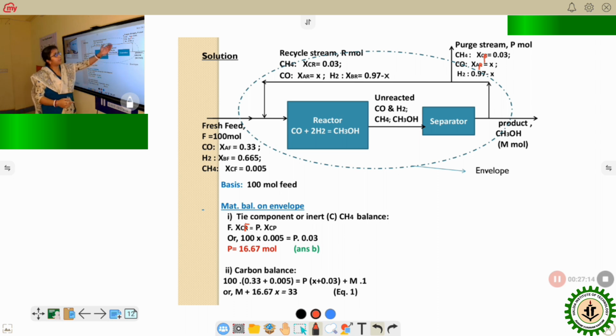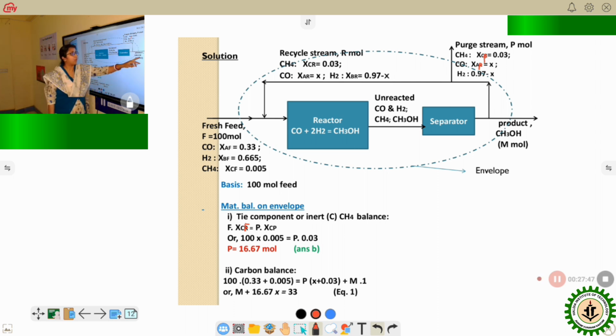Similarly P into in bracket 0.03 plus X gives the total moles of methane and carbon monoxide present in P moles, so the same number of moles of carbon is obtained: P into in bracket X plus 0.03.